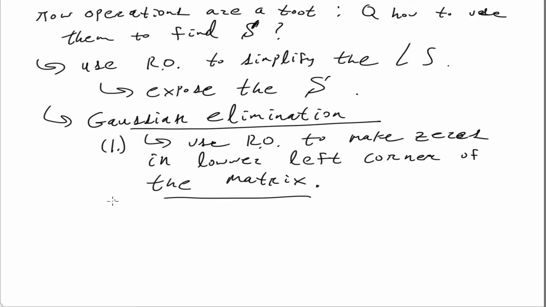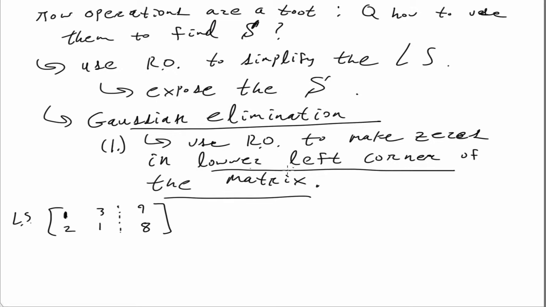So let's go back to our linear system. Let's go to our example. We had 1, 3, 2, 1, and then we'll put our dotted line, and then a 9, and then an 8. Okay, so our row operations. I want to find a row operation that will put a 0 in the lower left corner of our system.